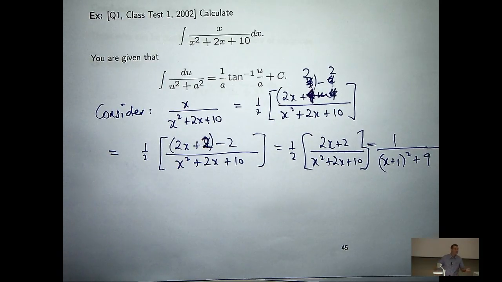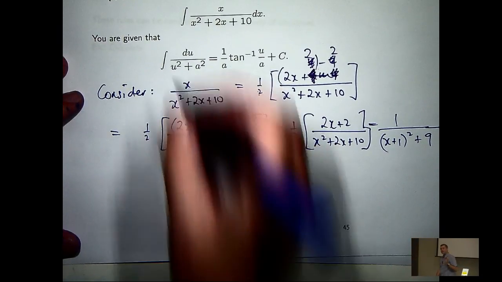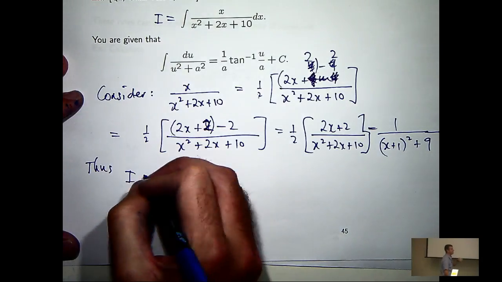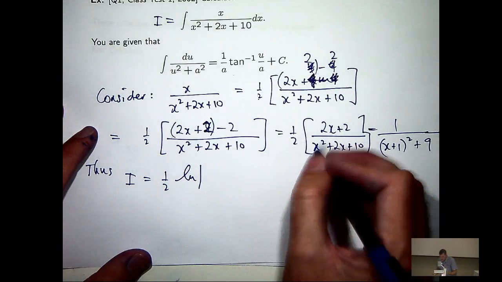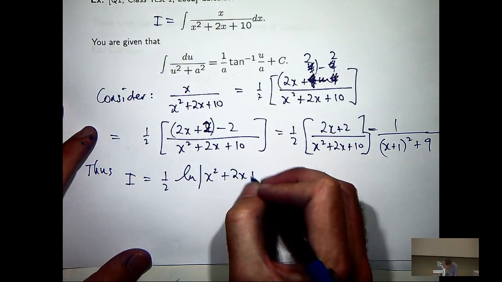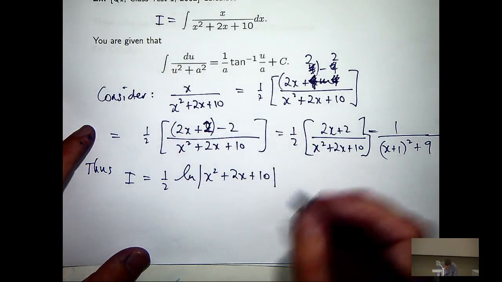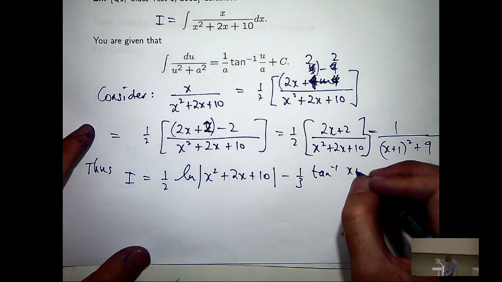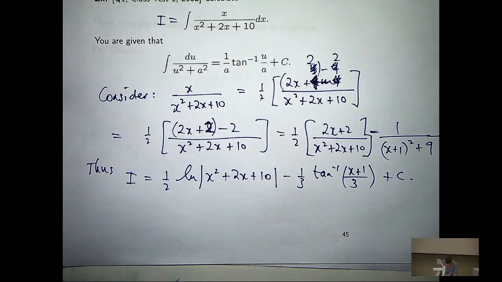Okay, so let's integrate these two things. If I call that I, the integral of this will be a half log of what's on the bottom. And the integral of this, we can use our little formula here. I finally got there. It was a bit painful, but I got there.